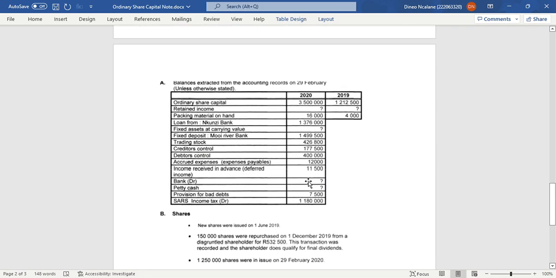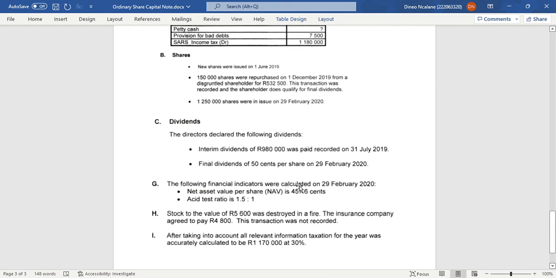If you go to your adjustments, adjustment G says the following financial indicators, which are the ratios, were calculated on 29 February 2020. The ratio that we need here is the net asset value, or NAV in short, which is 457.6 cents.